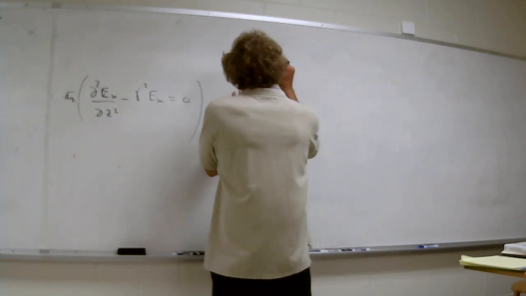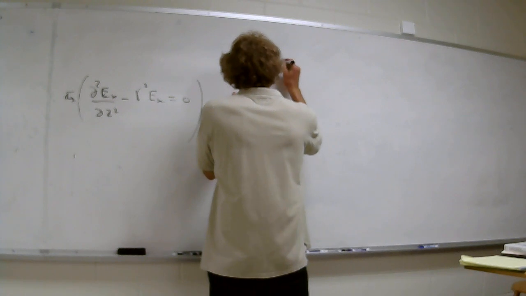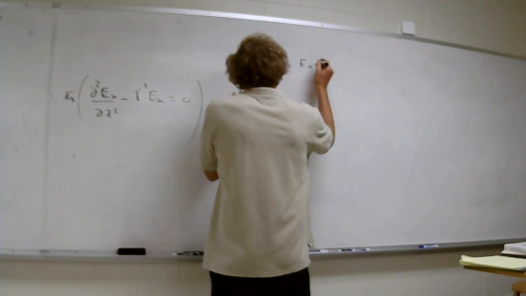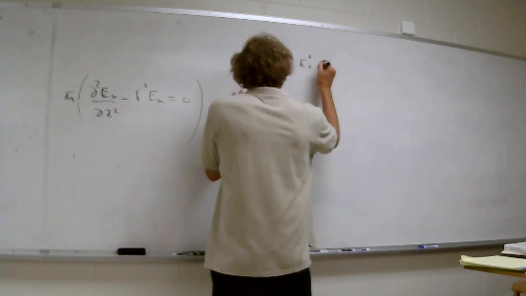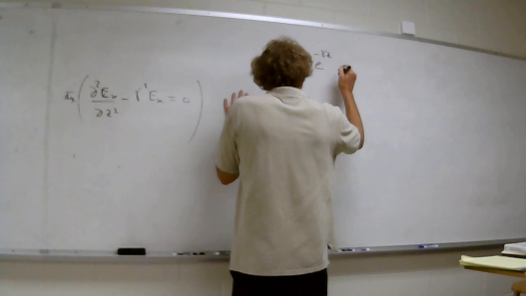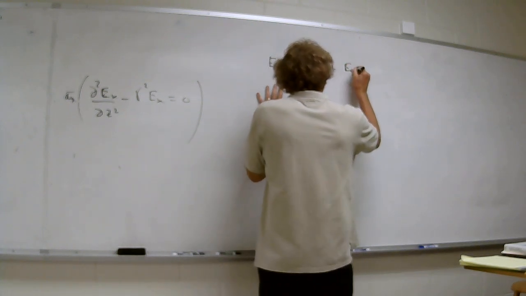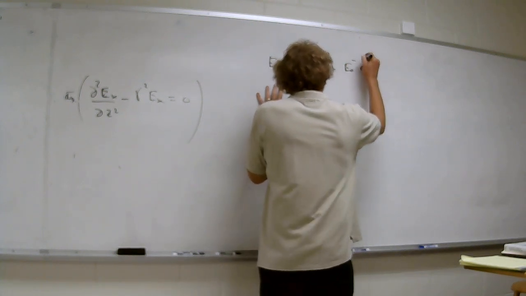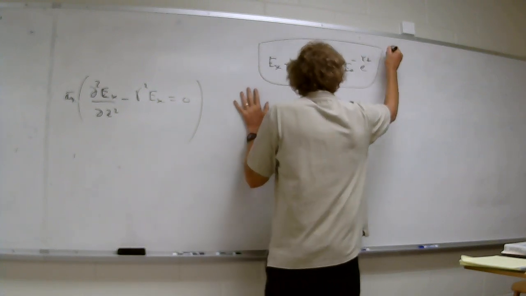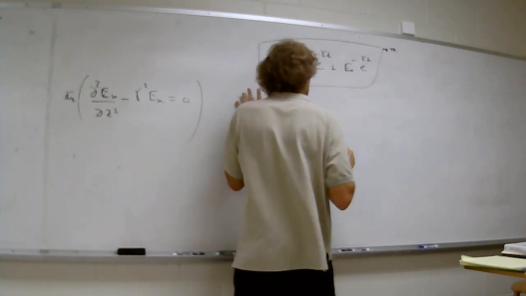But at the end of the day, here's what happens. This is in chapter 6. E of x will be, now write this down, E naught plus times e to the minus gamma z plus E naught minus e to the gamma z. Just write that down, put a star on it, make sure you don't forget it.